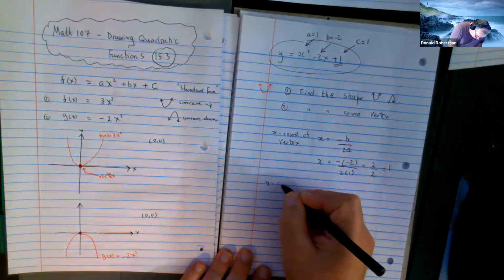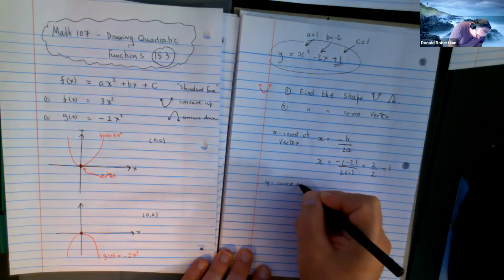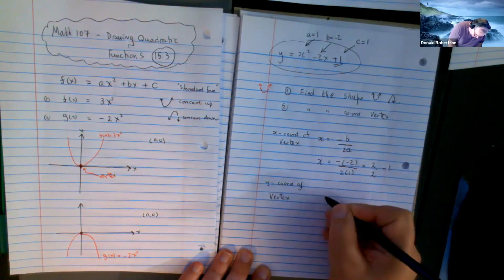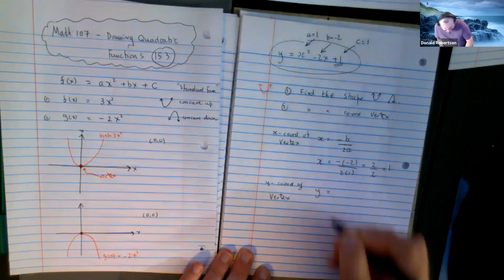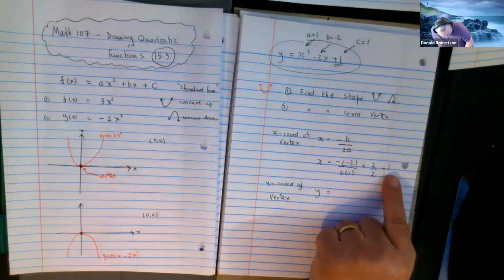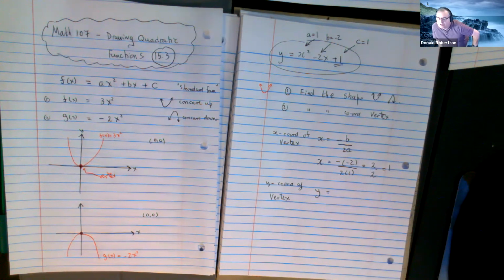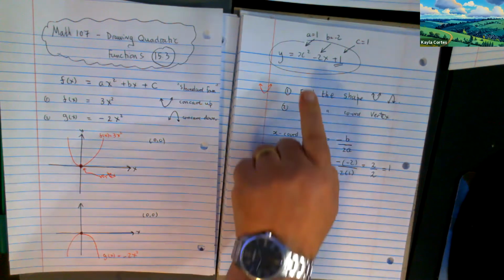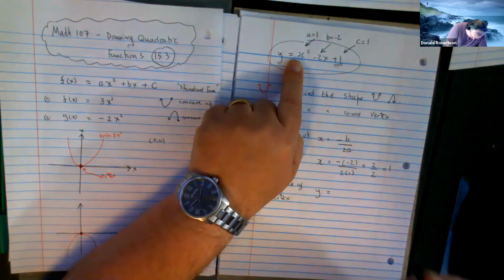Then you find the y coordinate of the vertex. If I know the x coordinate of the vertex is 1, how do I find the y coordinate? Wouldn't you just plug it back into your equation? You do exactly what you just said, yes.